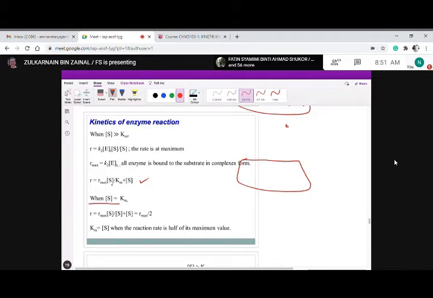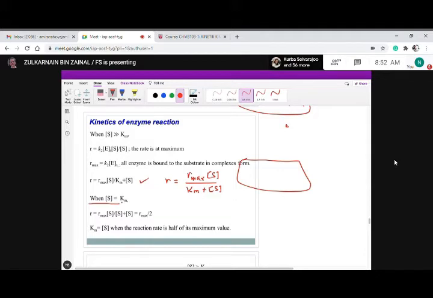So R is equal to R max times S over Km plus S. I need to write it properly, because if you write it the other way, people might get confused about what the formula of the equation is.